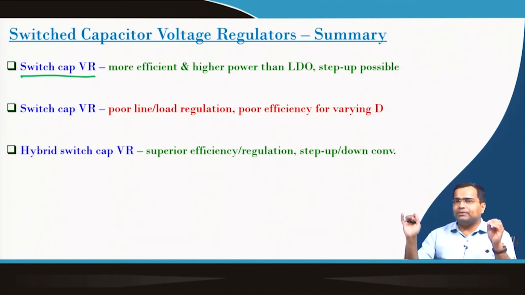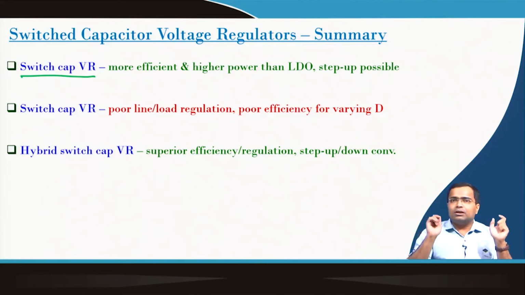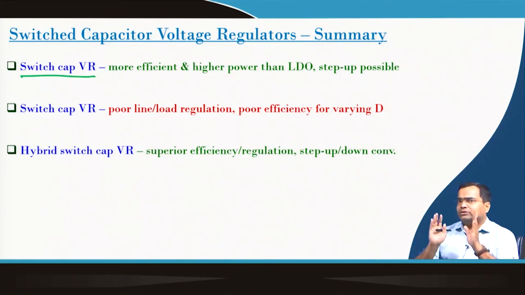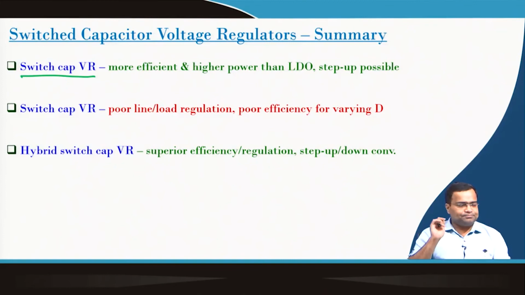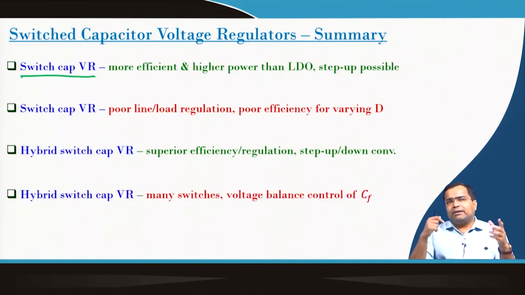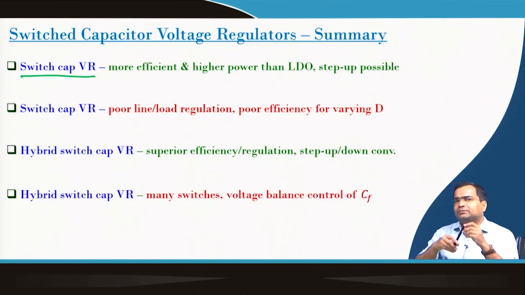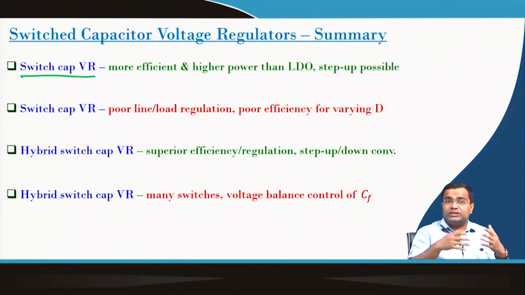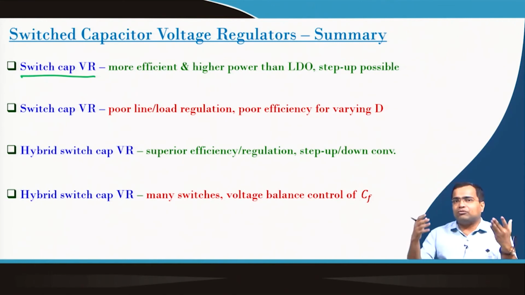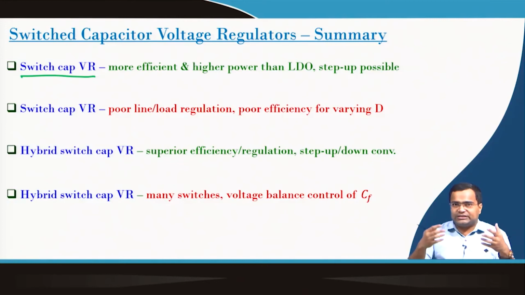So, we need to keep the inductor outside the chip, and here also we can achieve both step up and step down conversion. Then the hybrid switch capacitor voltage regulator requires more switches compared to an LDO.